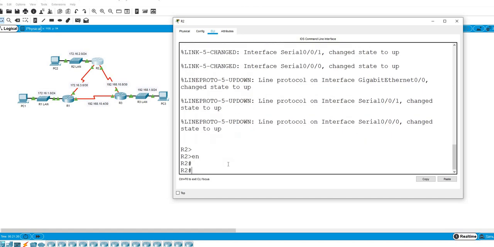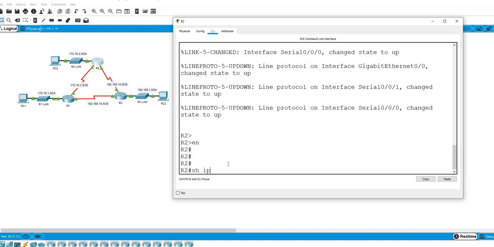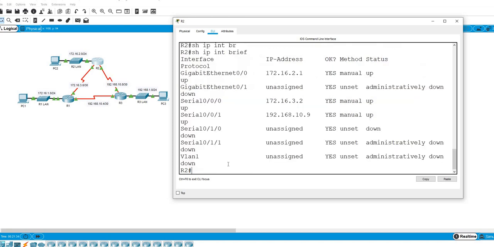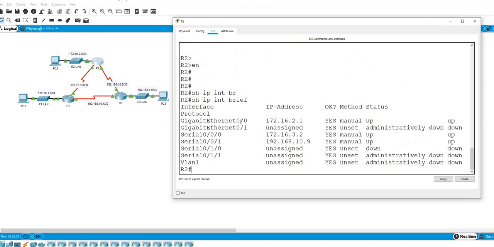So I go to enable mode and then I give a show IP interface brief command. It shows me that Ethernet 0/0, this interface, is in up and up status, having IP address of 172.16.2.1.